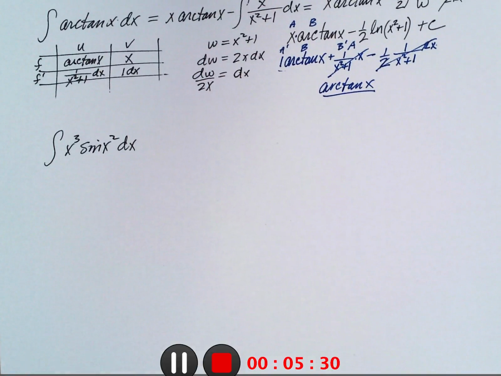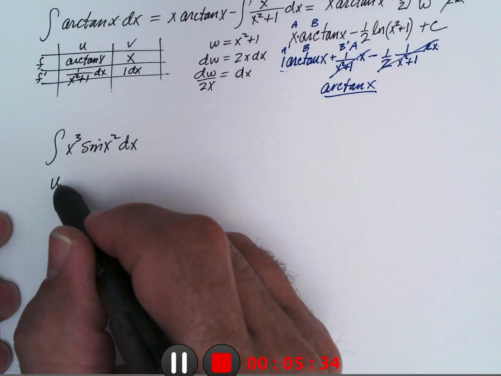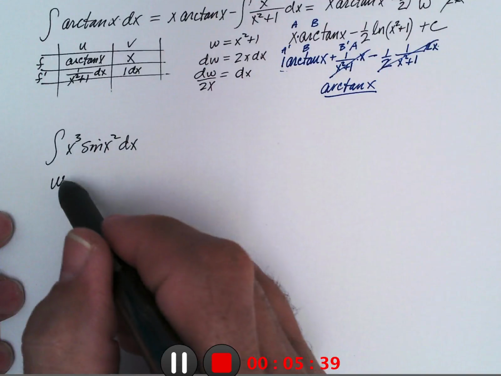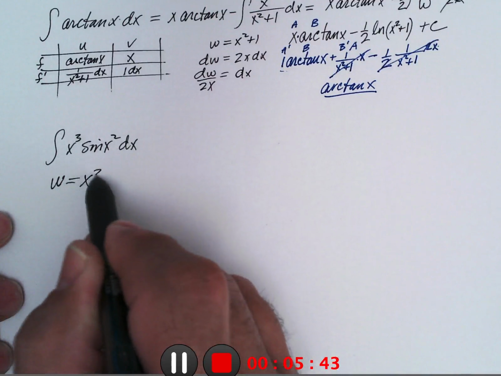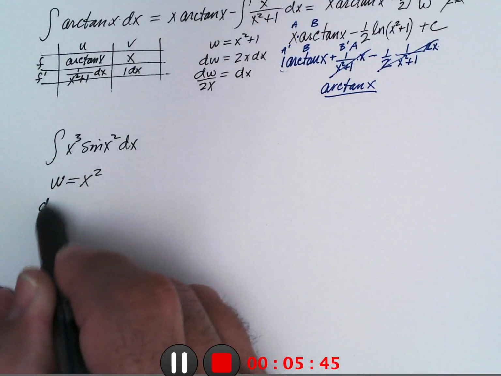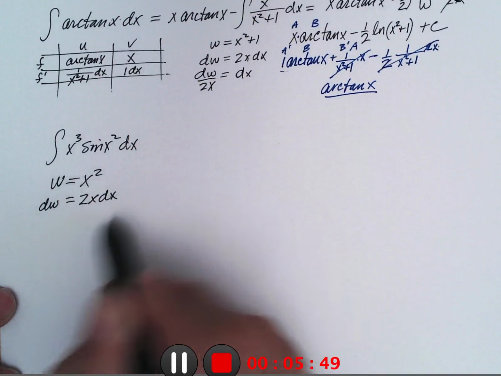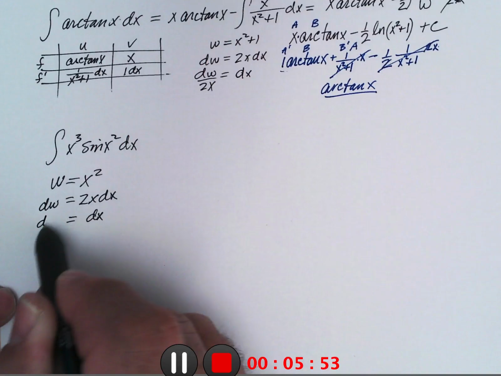I'm just going to do the simple u substitution. But since we're doing u's and v's for the integration by parts, I'm going to call it w substitution. I'm going to let w be x squared. dw would equal 2x dx. So dx would equal dw over 2x.